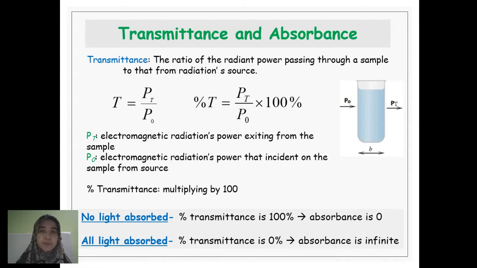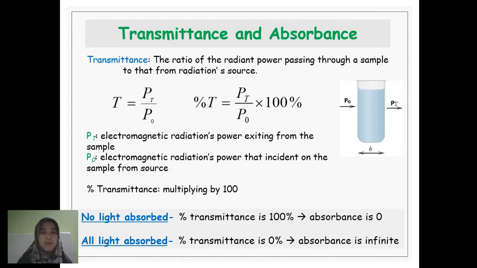P naught is the electromagnetic radiation incident on the sample from the source, whereas PT is the electromagnetic radiation exiting the sample, and B is the width of the sample container. So the T here is PT over P naught.